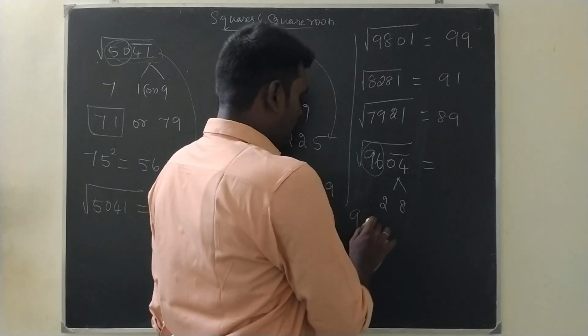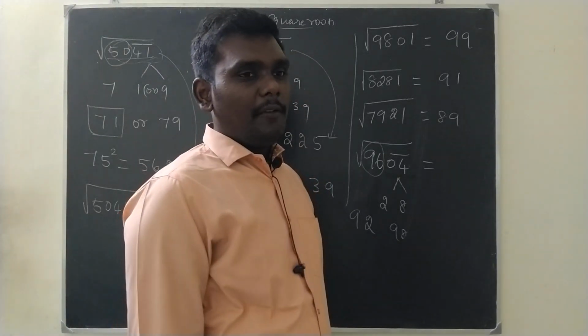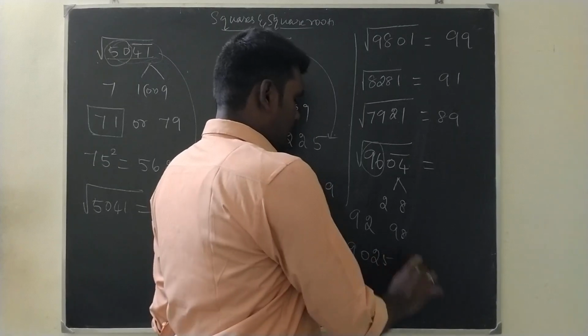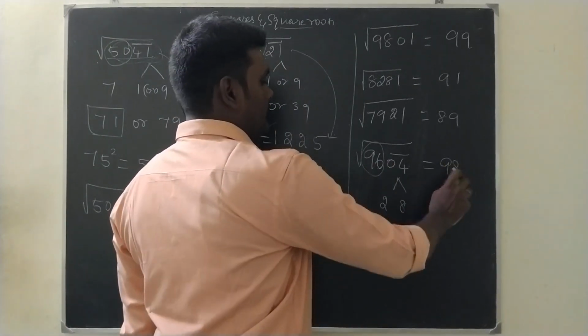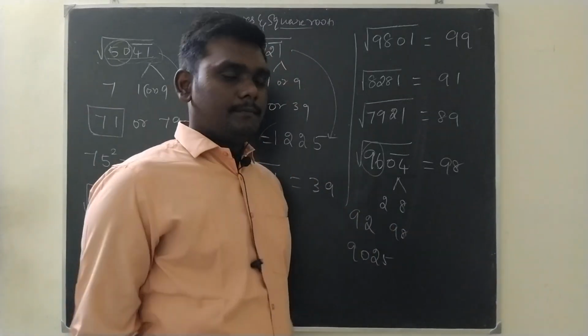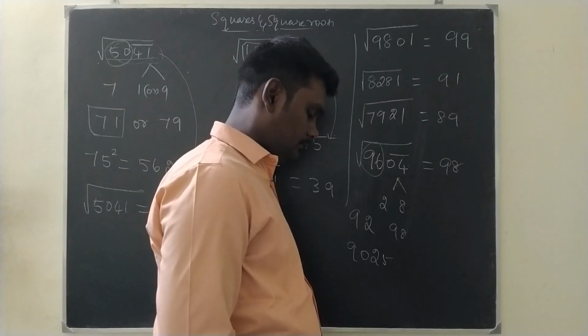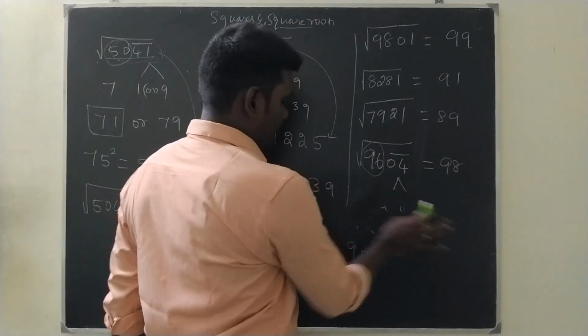So whether it is 92 or 98, the 95 square will compare. 90 square is 9025. Obviously this exceeds, so our answer is 98. Okay. 7744.